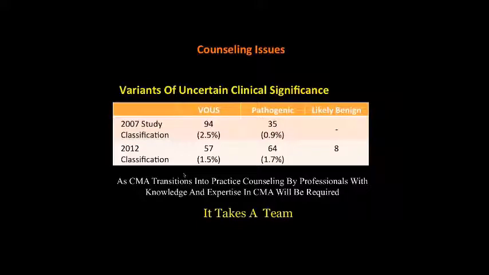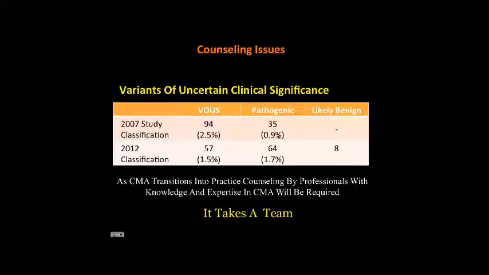In 2012, we had the same exact laboratory and geneticists review the copy number variants, and from 2007 to 2012, because of these large collections of data, the frequency of variants of uncertain significance decreased by almost half, so that half of them were now able to be reclassified.